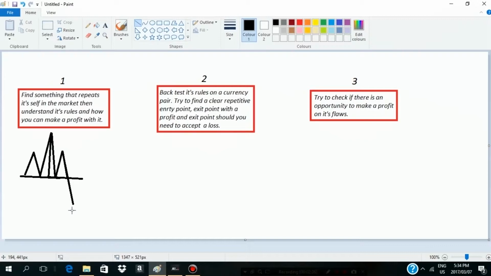Now let's move on to part 2. Head and shoulders patterns break out differently on different currency pairs. So for each currency pair, when you find a head and shoulders pattern, understand that how it breaks out is a strategy on its own. So you study how head and shoulders patterns break out on Euro USD.